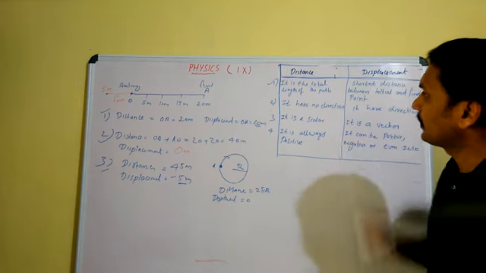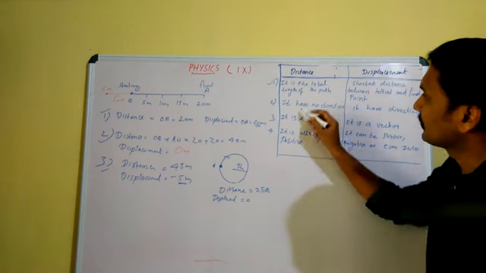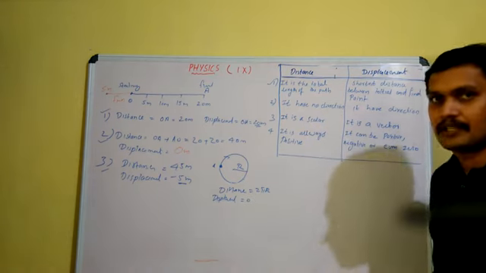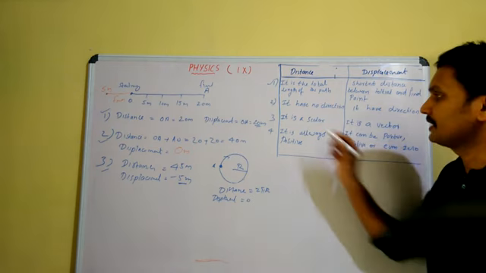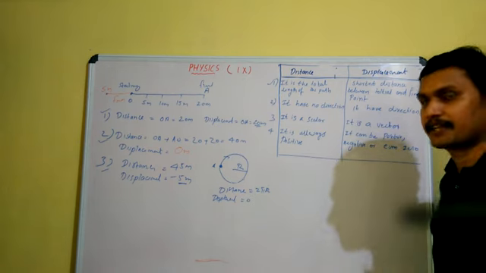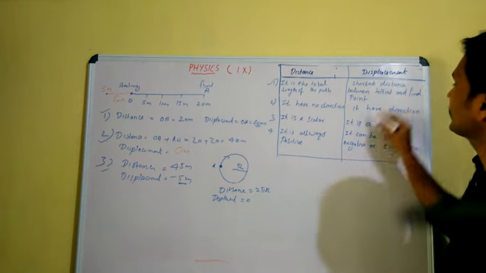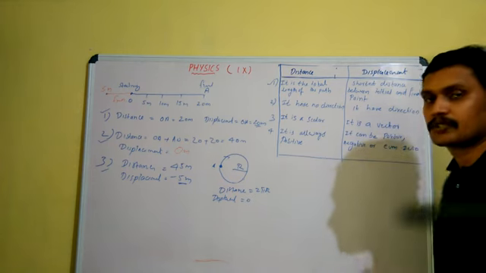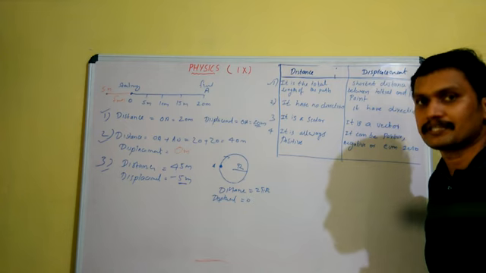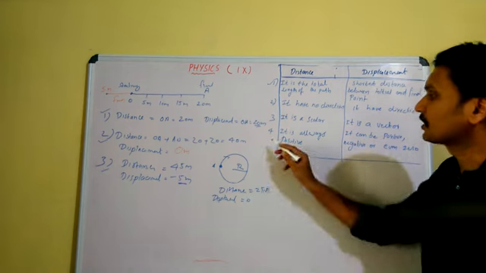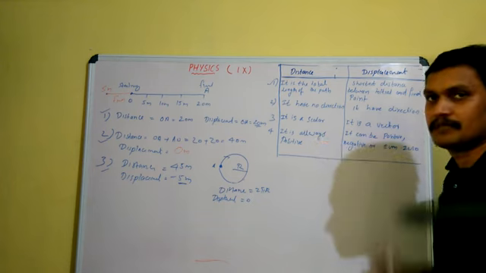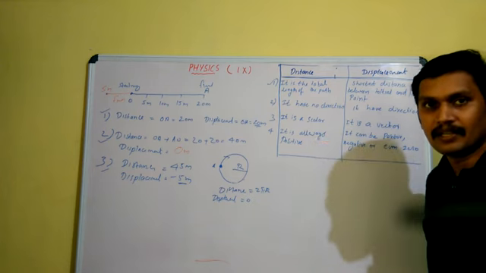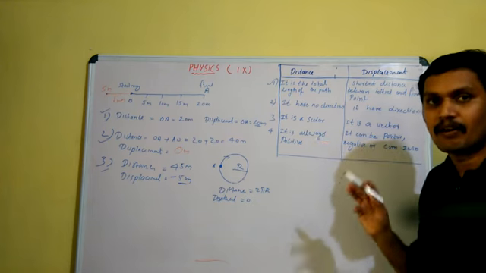The third point of difference: as distance has no direction, it is a scalar quantity. Remember, a scalar quantity is a quantity with no direction. Whereas displacement has a direction, so we consider it a vector quantity. And the fourth point, the most important one: distance travelled by a moving object is always positive.